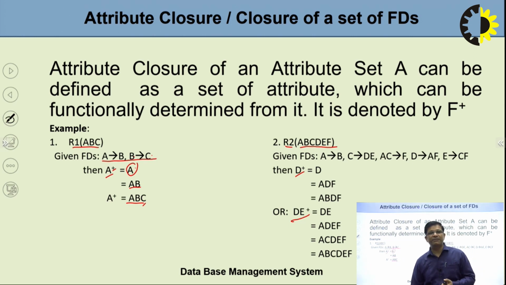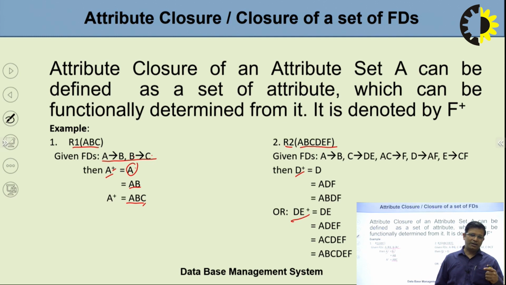Okay, the closure is very important because in later examples, when you find the normalization, you need to find the closure. It is used to check which one is the super key, which is the candidate key, and which is the primary key. Just for this purpose, the closure is very important.